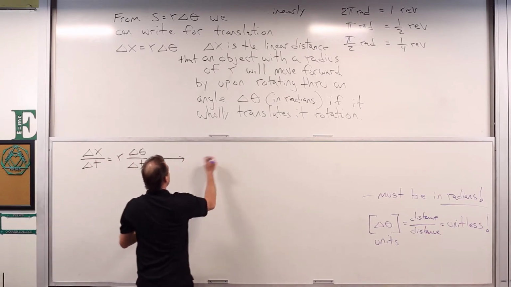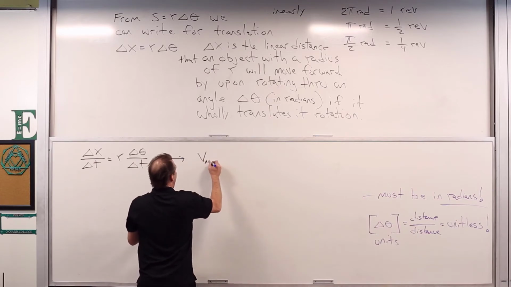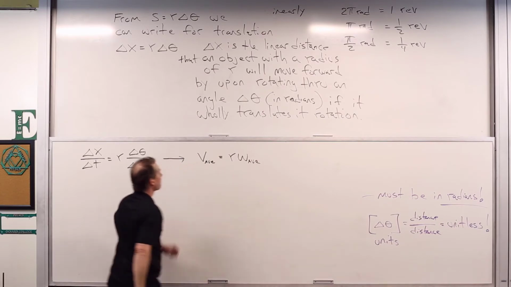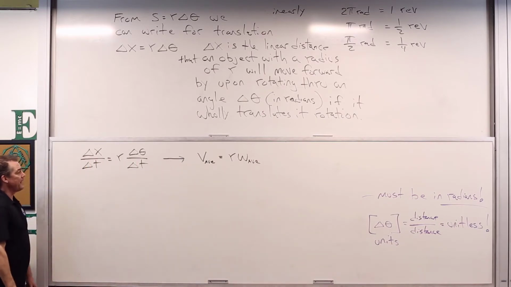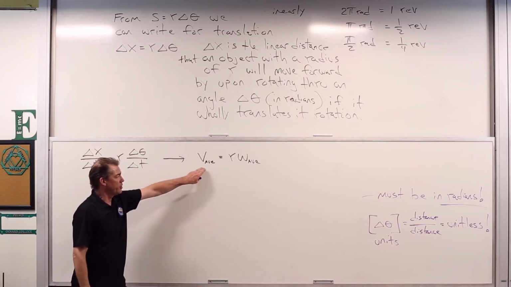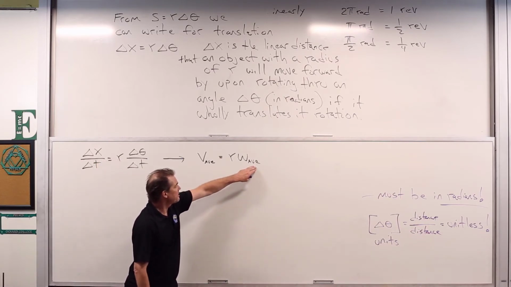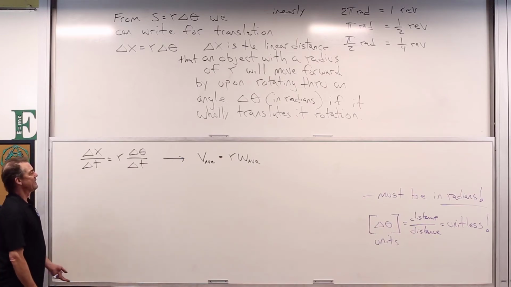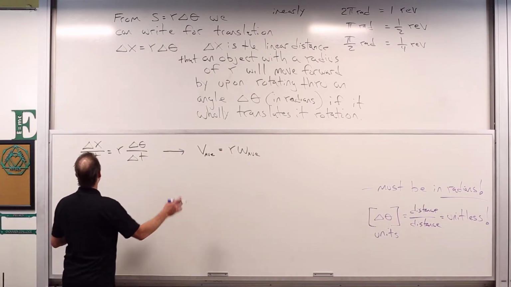So we can write this as v average is equal to r omega average. Ooh, that's nice. This gives us the linear velocity in terms of the angular velocity and the radius of the object. Fantastic. What else could we do with this?